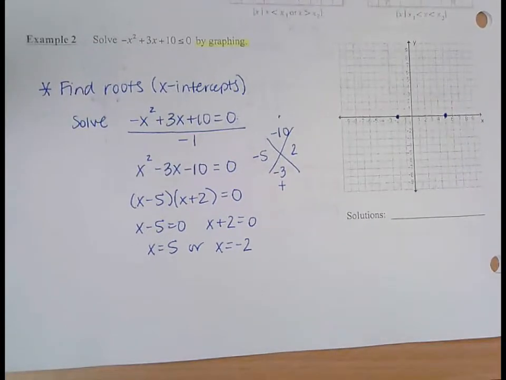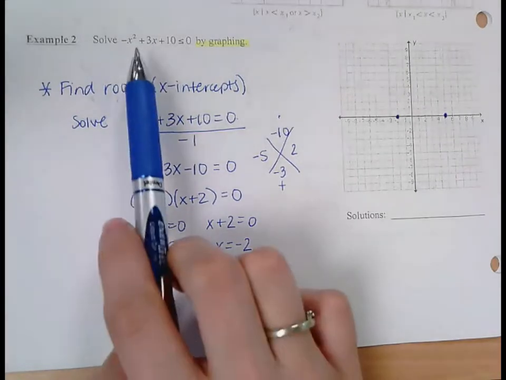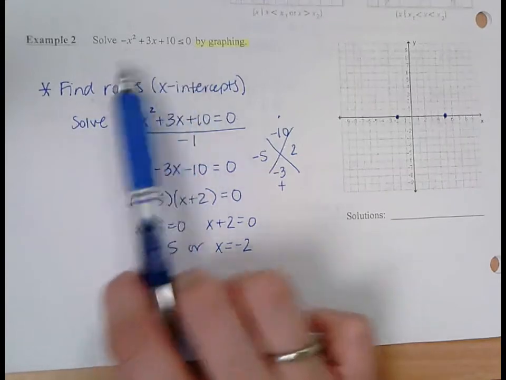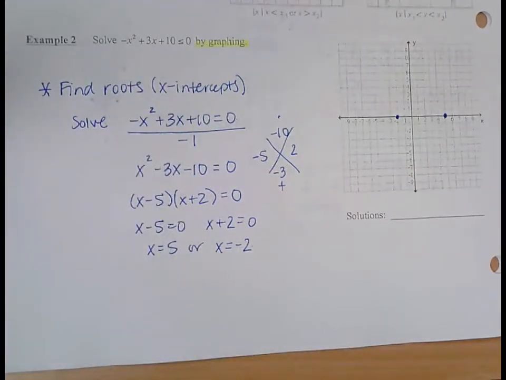And then the only other thing I need to know in order to draw a graph is whether or not my parabola opens up or down. Because I need to know, it goes through these points, but does it open up or does it open down? Because that affects my solution. So looking at the equation or the inequality, how do you know if a parabola opens up or down, Allie?